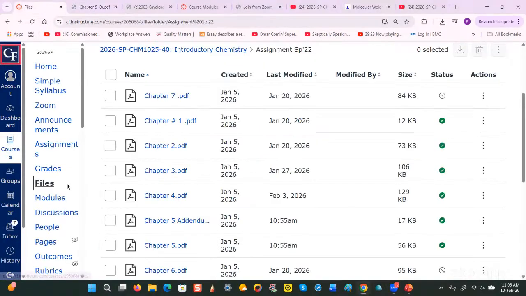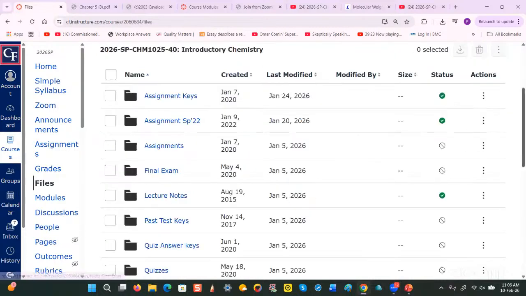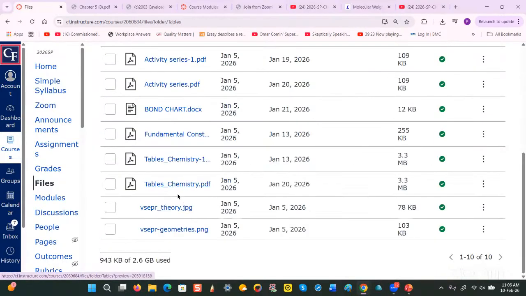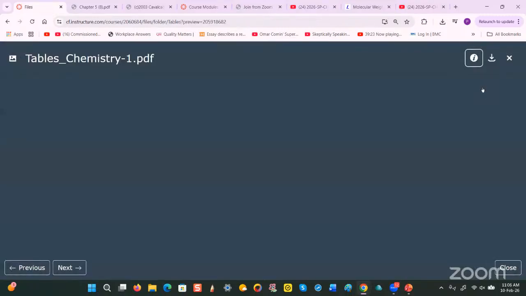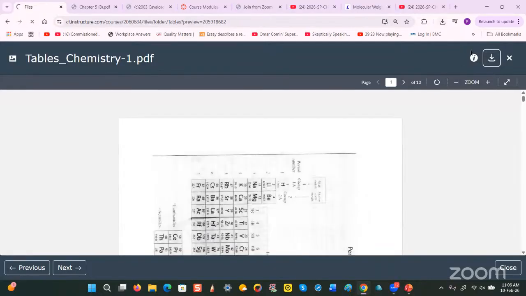Let me go to files, and then tables, and then tables chemistry, and let me download that. Okay, so this is the table here.